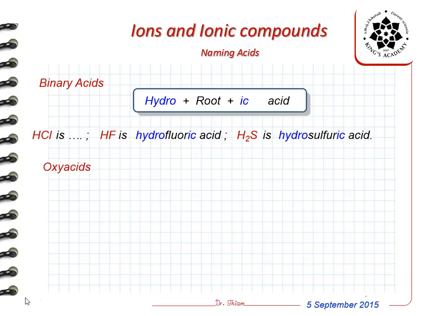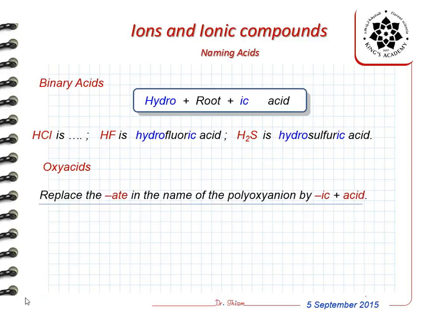All right, now oxyacids on the other hand are acids that contain oxygen. So there are two categories of acids. I should have said this earlier: binary and oxyacids. Now for oxyacids, oxyacids are made of a polyoxyanion plus hydrogen or plus hydrogens.